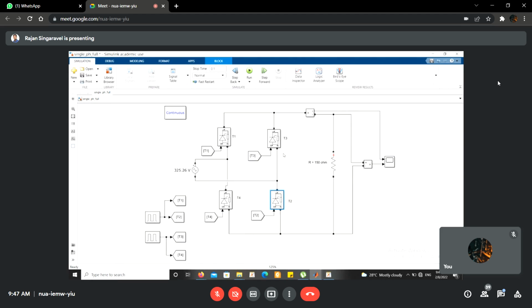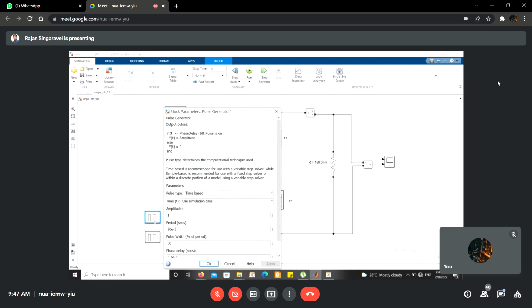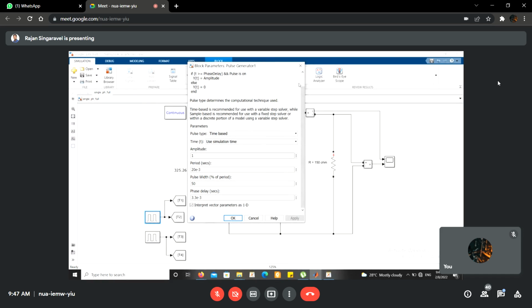To have such a pulse pattern, I have generated the pulses with the help of the pulse generator block here, and you can take a look at the parameters that I have fed in the block. As this is a simulation, the pulse amplitude does not matter.